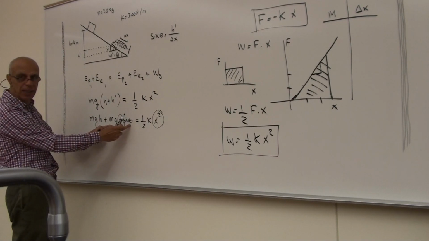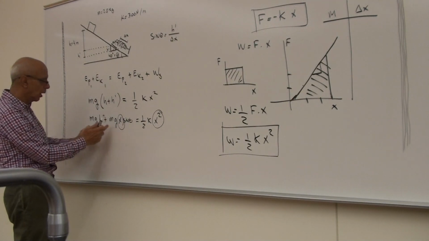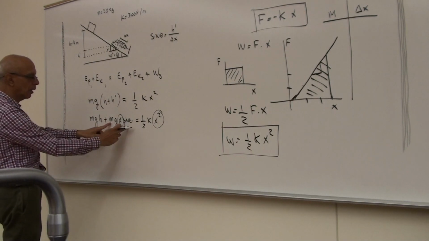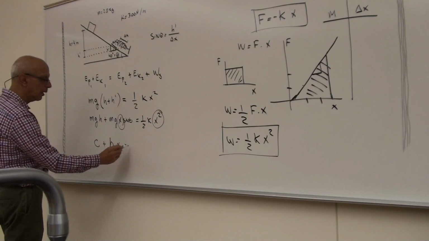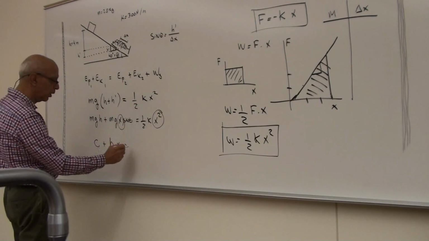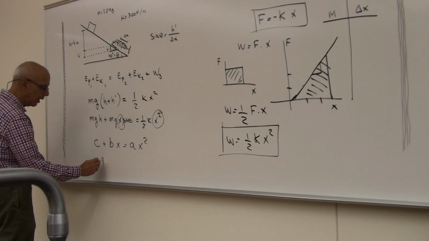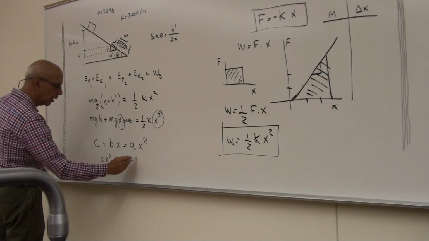Sine of theta is sine of 40. So I'm going to have here a coefficient, let's say c, plus, let's say bx, and here this is another coefficient. I'm going to call this ax squared. So I'm going to have ax squared minus bx minus c equal to 0.